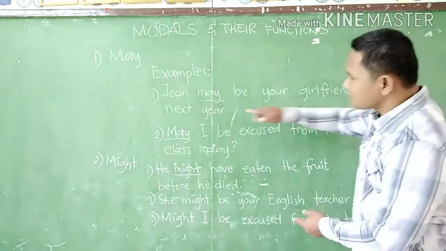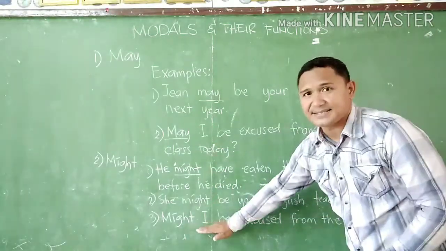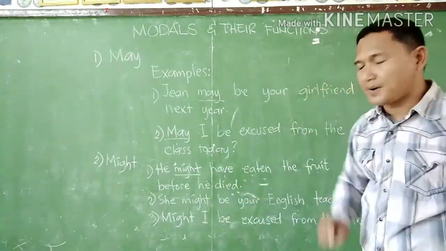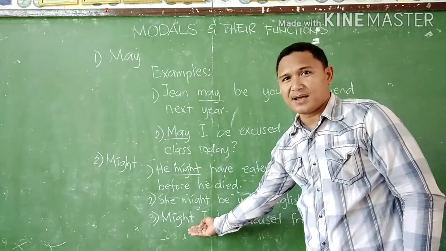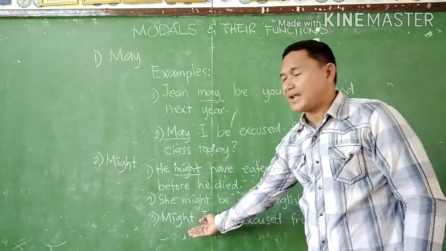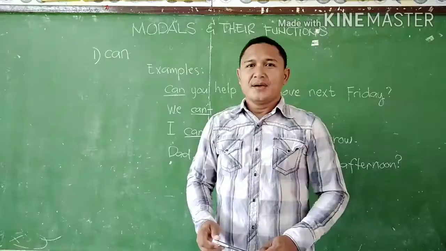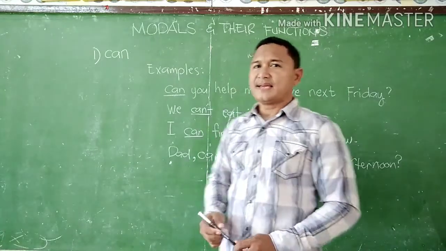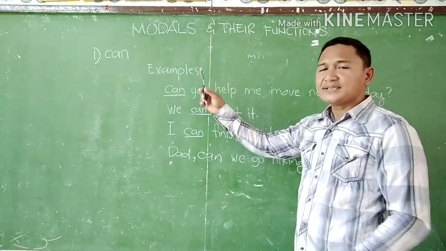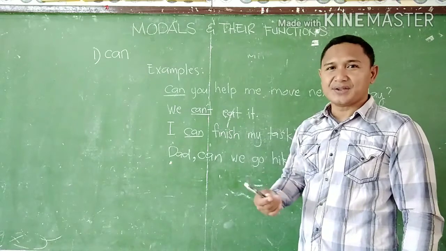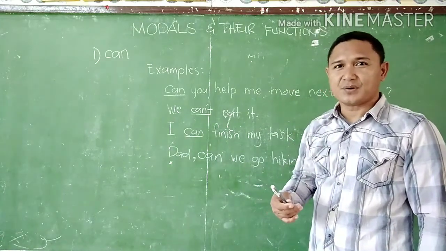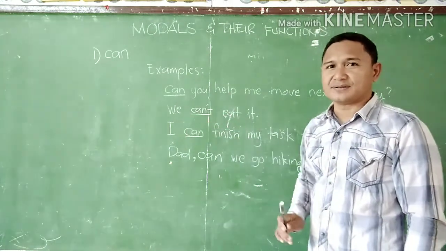If you're going to compare may and might, we have to remember that might is more formal and more tentative than may. The first modal is can. These are the examples, and through examples, I will tell you its functions.